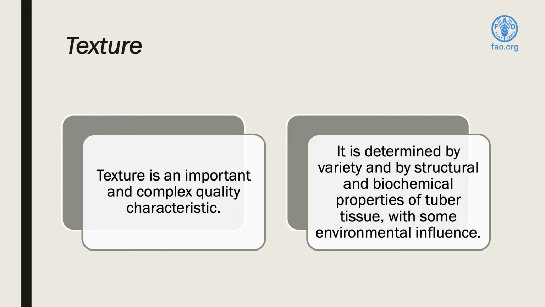Next parameter is texture. Texture is a really important and complex quality characteristic. It is determined by variety and by the structure and biochemical properties of the potato tuber tissue, with some environmental influence.